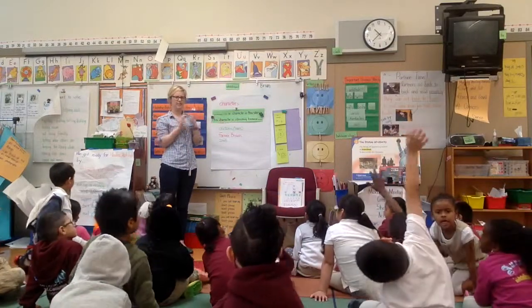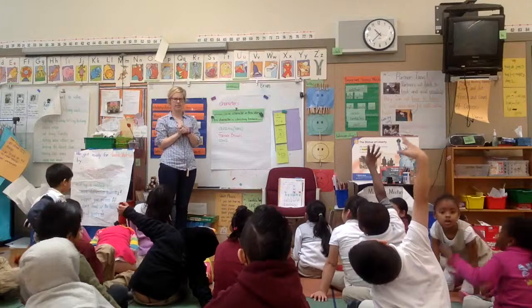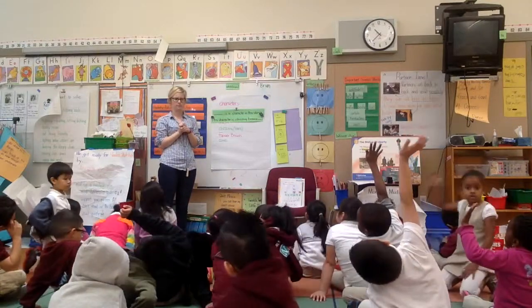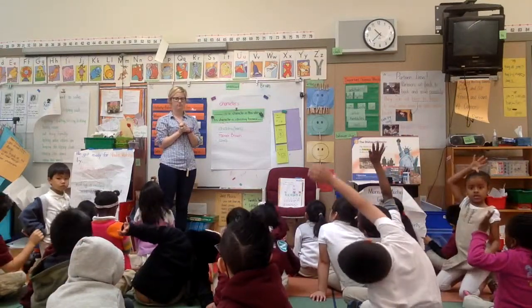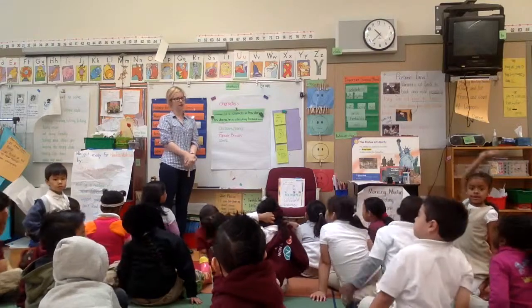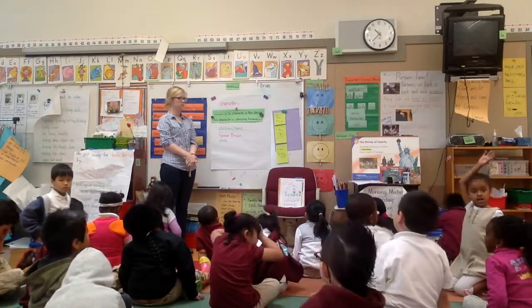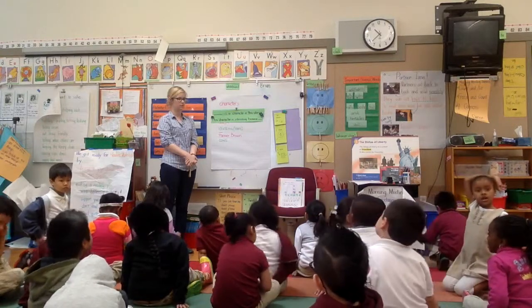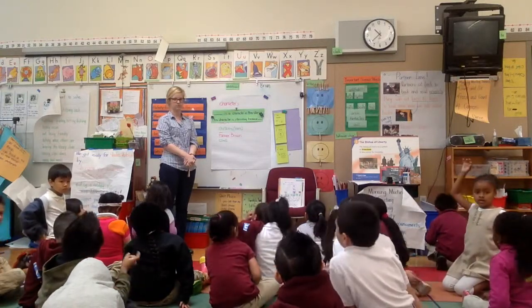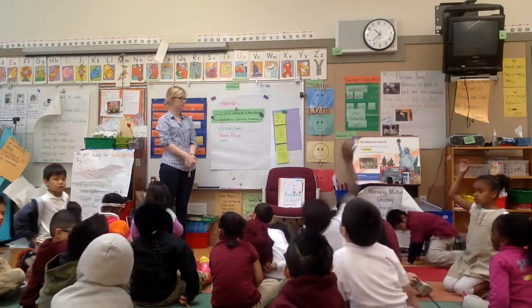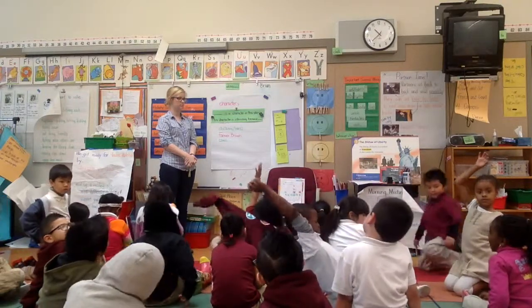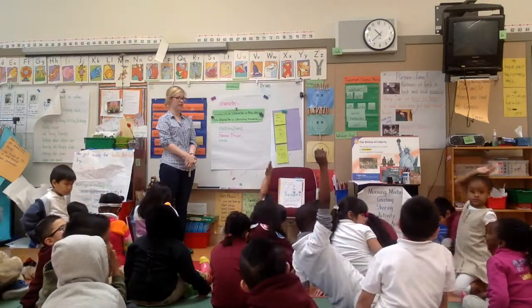Can someone give me an example of why Farmer Brown is interesting? Christiana, can you give me an example? Because he's mad at the hens and the cows. He's mad at all the animals.